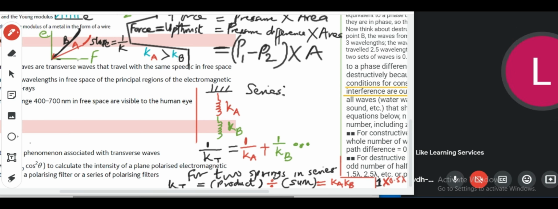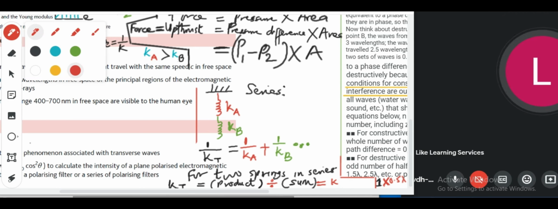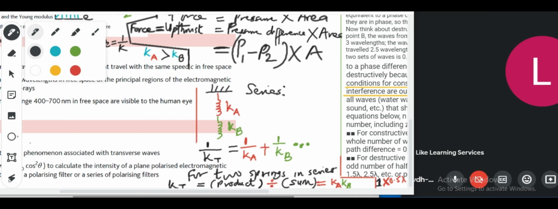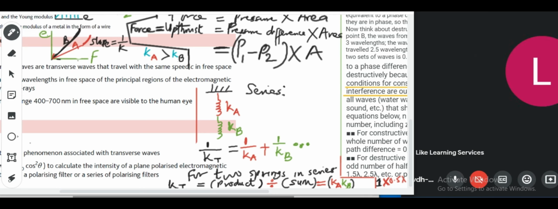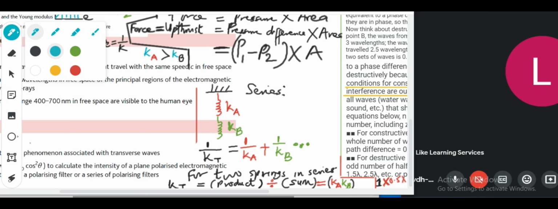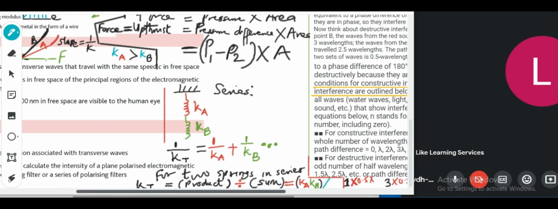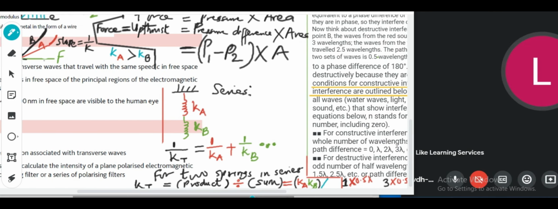I think I would better use just the same color.